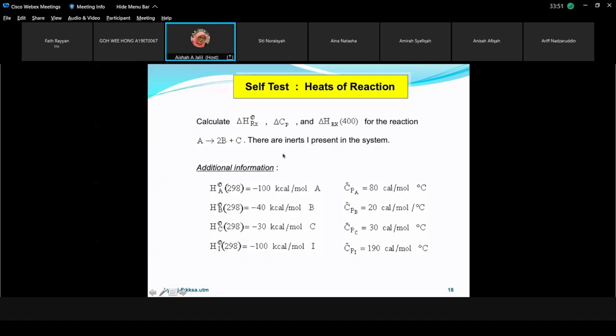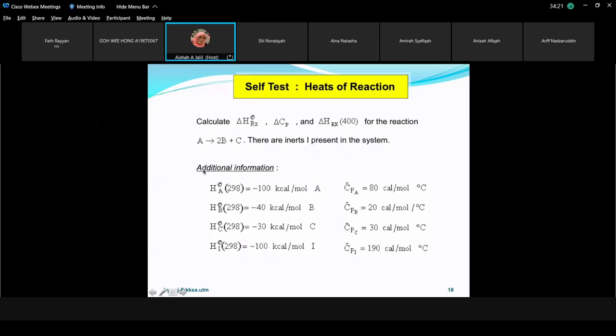Okay. So this is the heat of reaction at standard temperature, which is at 25 degrees Celsius. This one is at 400. This question wants you to calculate this one for the reaction A to 2B plus C. There are inerts, I symbol for inert, present in the system.